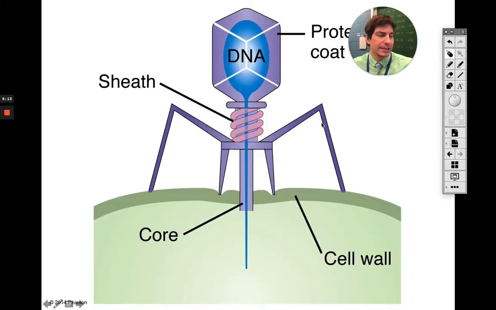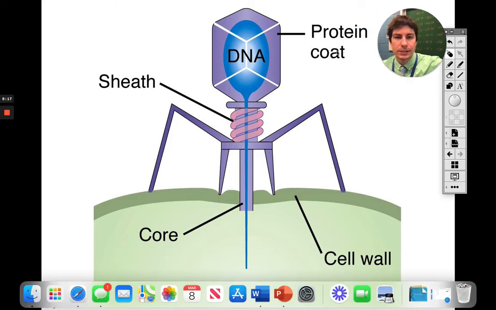So here is a bacteriophage. That's the virus up here. You guys can see there's a protein coat, DNA, maybe RNA, some type of nucleic acid. What it's going to do is take that DNA and push it down through the virus. And this green looking thing is the host cell that it's infecting.